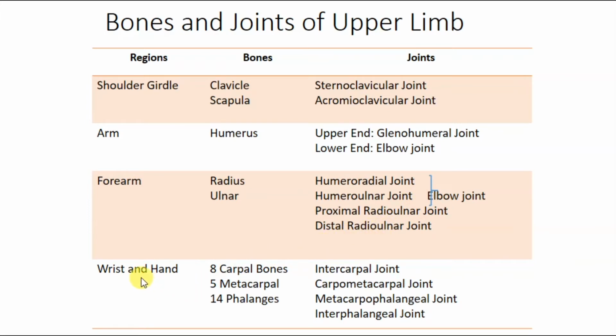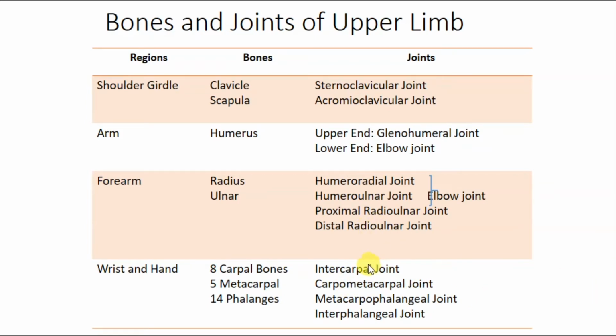Then another region of the upper limb is the wrist and hand. Here we have the bones, which are 8 carpal bones, 5 metacarpals, and 14 phalanges. So we have the carpals, metacarpals, and the phalanges.